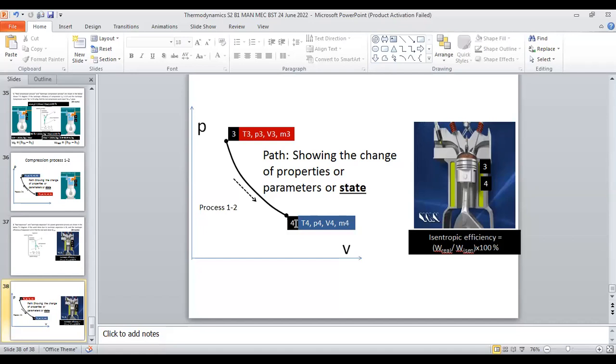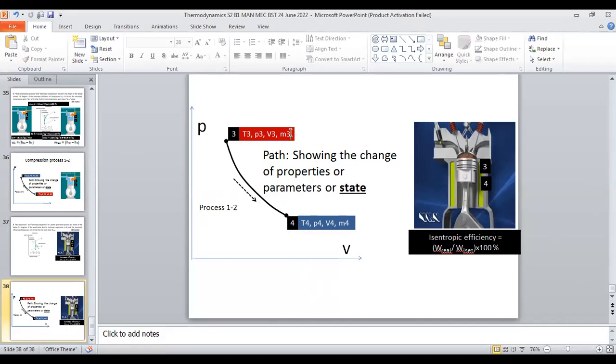Okay, that one you should understand. So this constant mass undergoes the expansion and the work is done. Basically you have to have this understanding. If you don't know this, you cannot take that question.